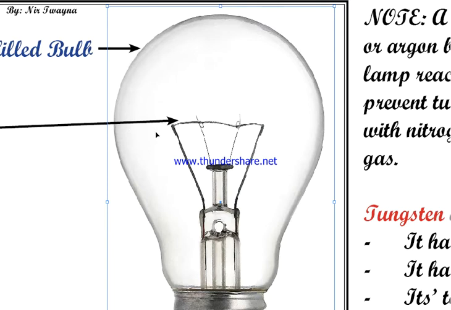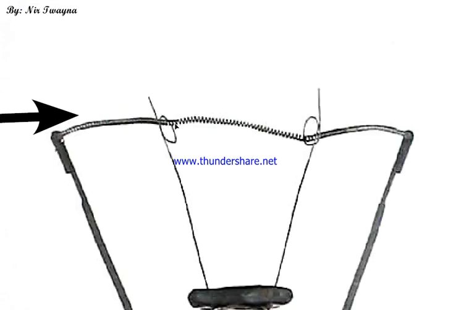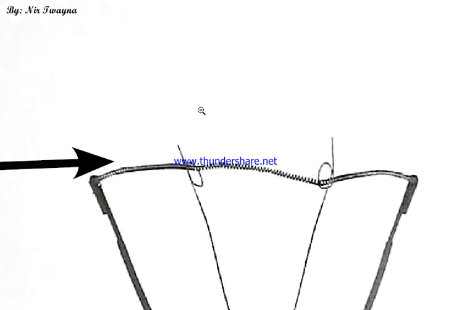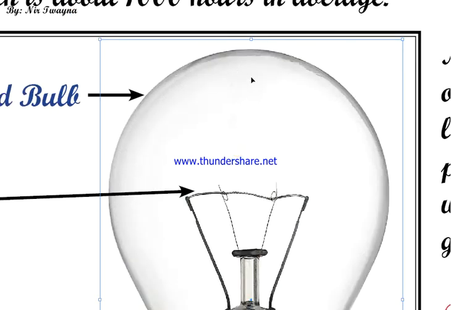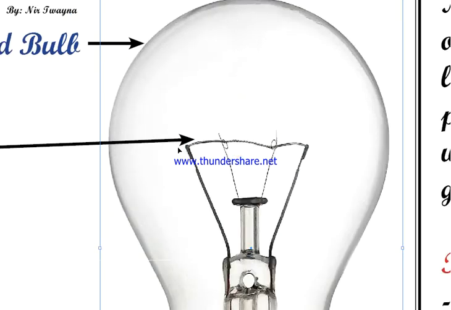You should know that the filament, the tungsten, is highly reactive to oxygen. If you simply fill air in this bulb, or if you keep it open, then as soon as its temperature rises, it will react with oxygen and form tungsten oxide, which is in powder form.